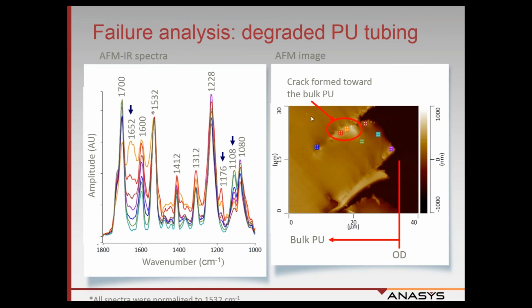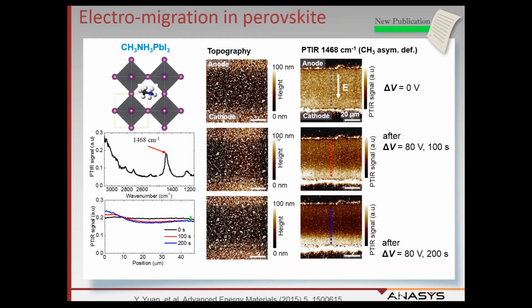Another really exciting application, and we have a webinar by Andrea Centroni recorded on this, is looking at perovskite materials. I'll just show one quick example. This is a measurement on a perovskite material where a bias has been applied across the material.